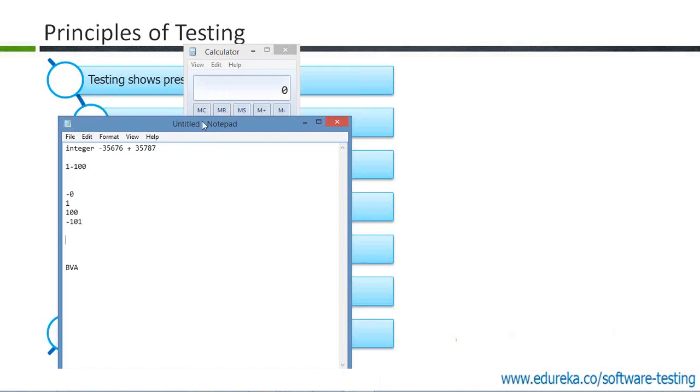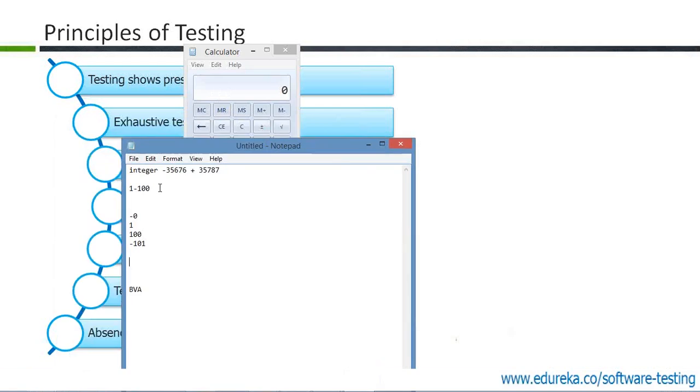This is the methodology. Testing all 1 to 100 is impossible because of your timelines, your budget, and the stress of giving input on all the values. So we use the methodology of boundary value analysis and do our testing.